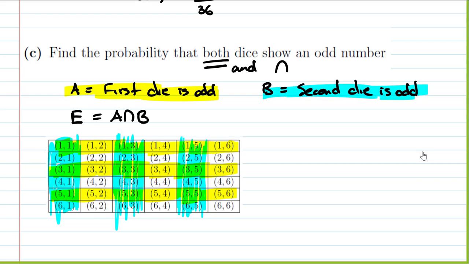So then our intersection is going to be the part that's in green, right? So how many of these do we have that are in green? Well, 1, 2, 3, 4, 5, 6, 7, 8, 9, right? So the number of events in E is 9.